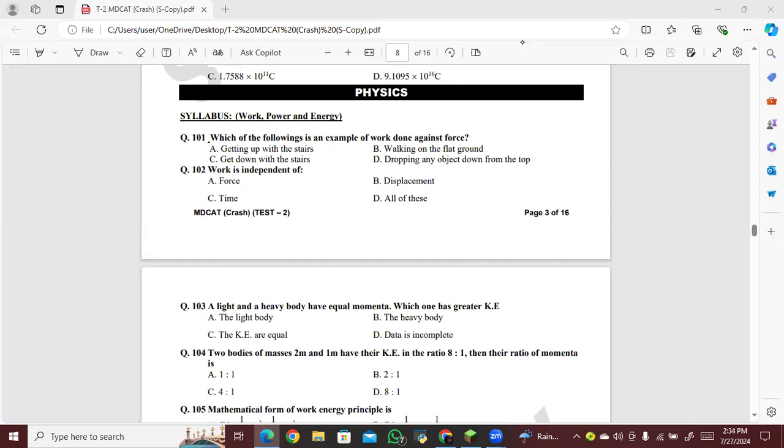Today we are going to discuss the second unit of MDCAT course, and it is work, power, and energy.